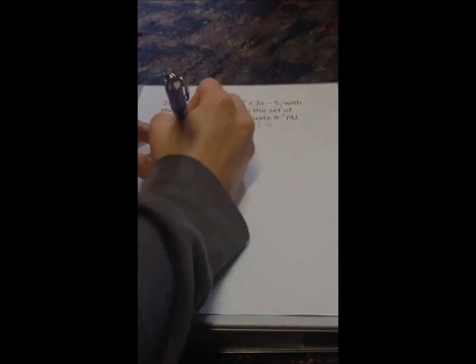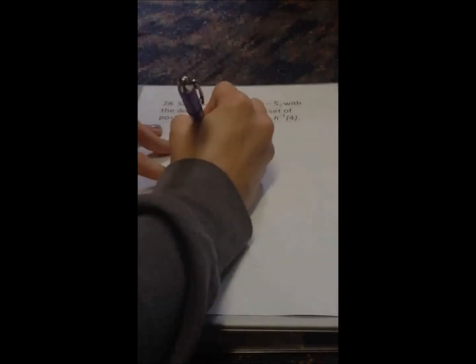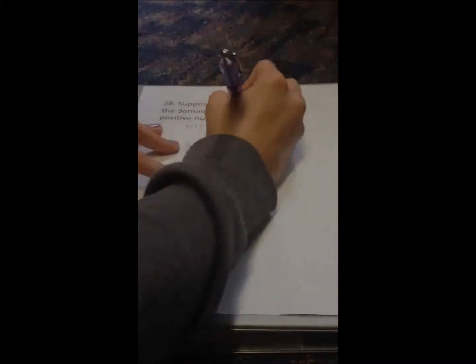So it's going to look like that. And if we take this number, we divide it by 2, we get 1, and then if we square that, it's still 1. So we're going to put plus 1.